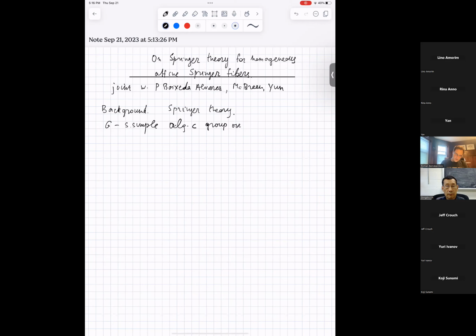So we have its Lie algebra. It contains the nilpotent cone, which is a singular algebraic variety. And then it has this famous Springer resolution. So this map is a resolution of singularities.